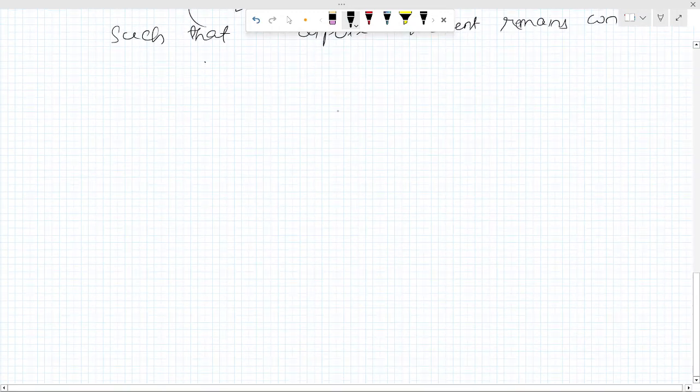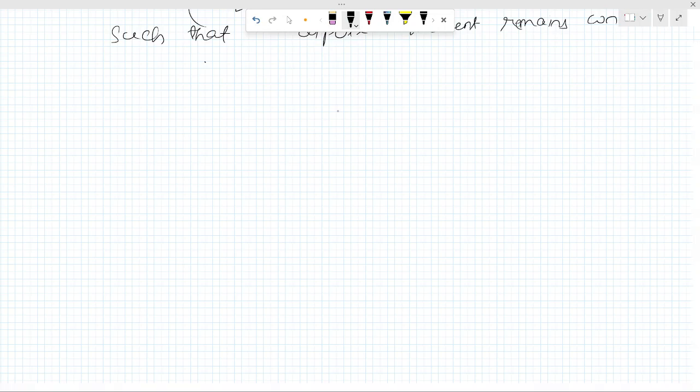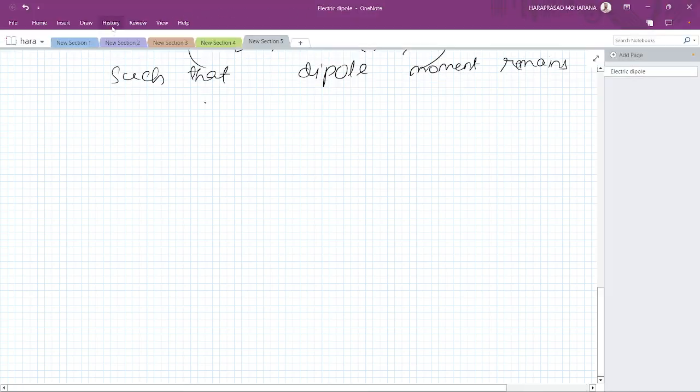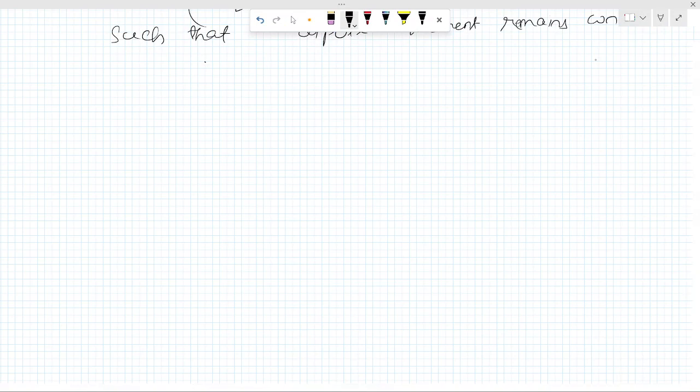Some important points about the dipole positions. I have a dipole consisting of charges minus q and plus q, and this is the axial line, remember.